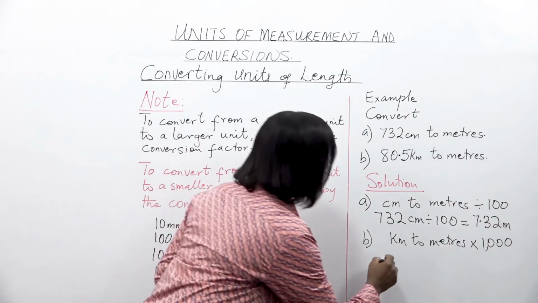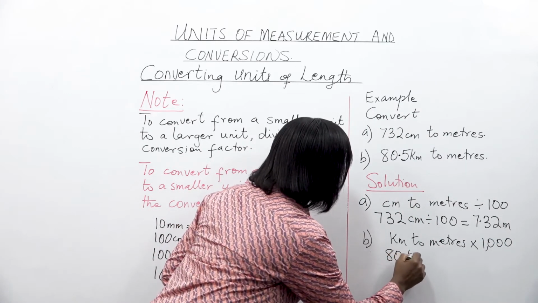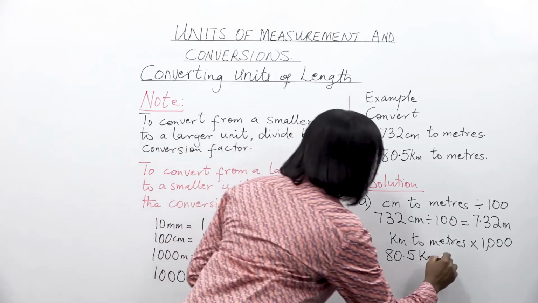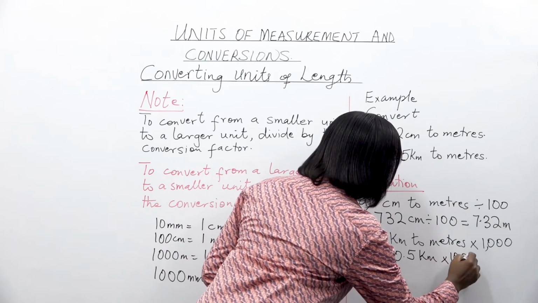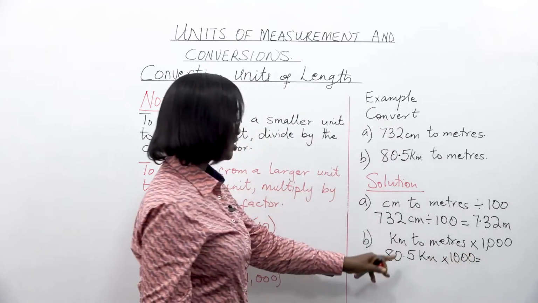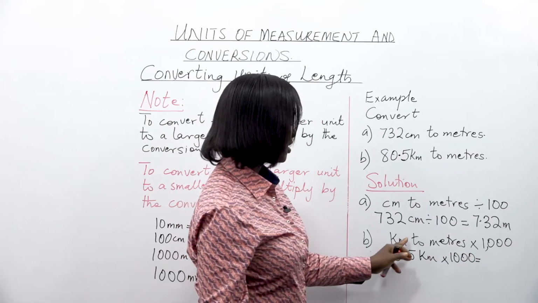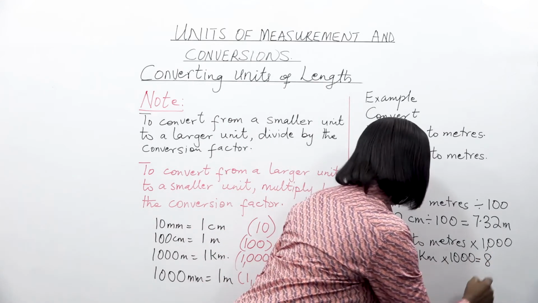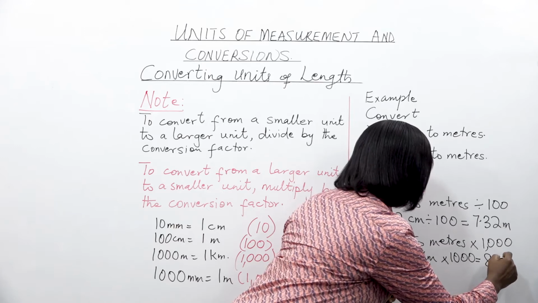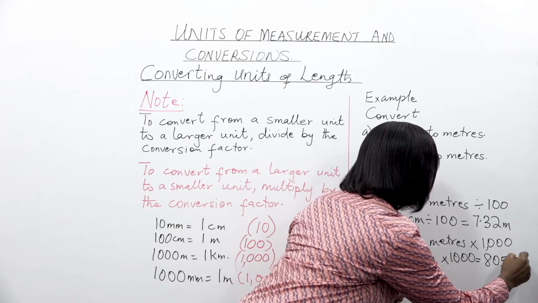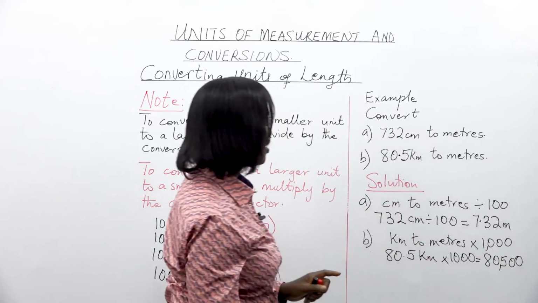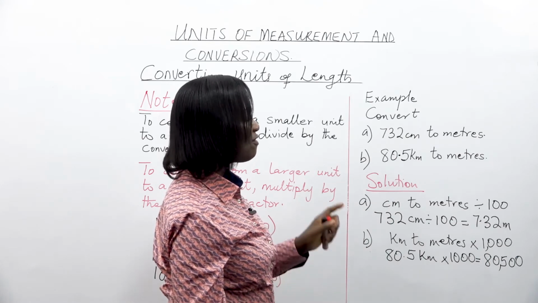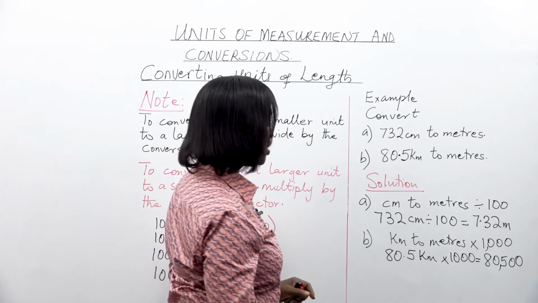Therefore, 80.5 kilometers times 1,000. If we multiply that by 1,000, we'll get 80,500 meters.